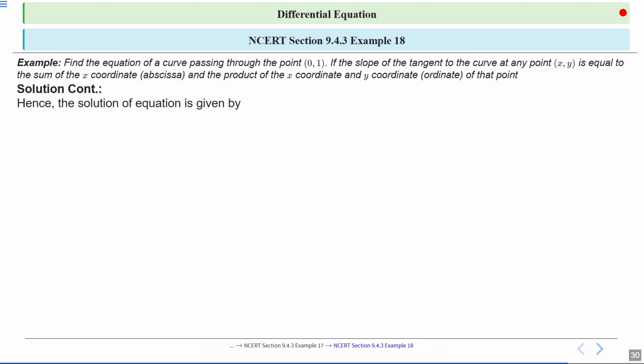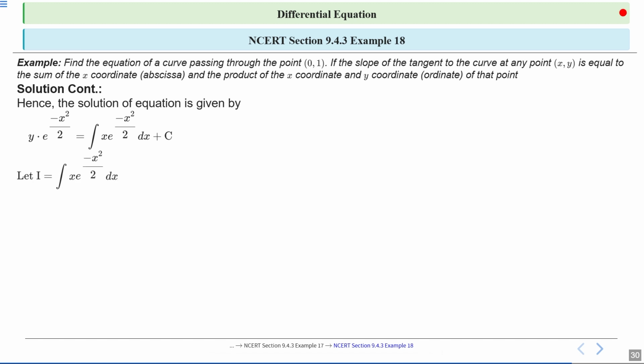Hence the solution of equation is given by y into e the power minus x square by 2 is equal to integration of x into e the power minus x square by 2 dx plus c.